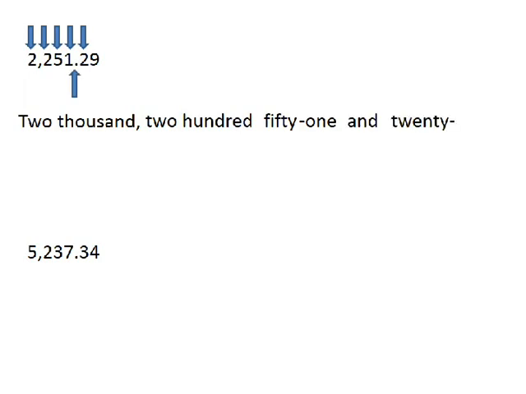For the next one, this one's going to have a few more to it. It's going to go a little bit quicker. 2,000, because 2 is in the thousands place, 200, because 2 is in the hundreds place, 51 and 29 hundredths with the TH-S on it.